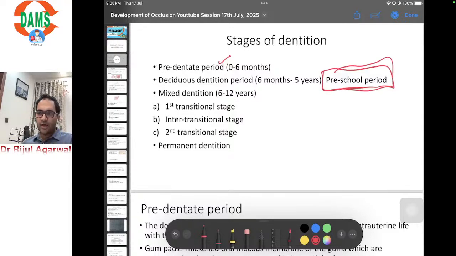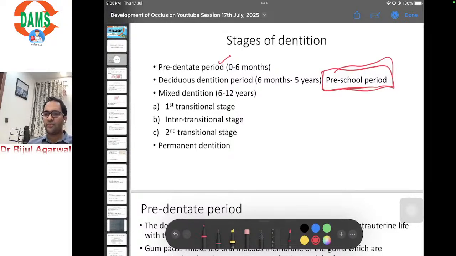Next comes the mixed dentation stage, from 6 to 12 years of age, which is further divided into three stages: the first transitional stage, the inter-transitional stage, and the second transitional stage. And lastly comes the period of permanent dentation. So these are the four stages of dentation divided age wise.